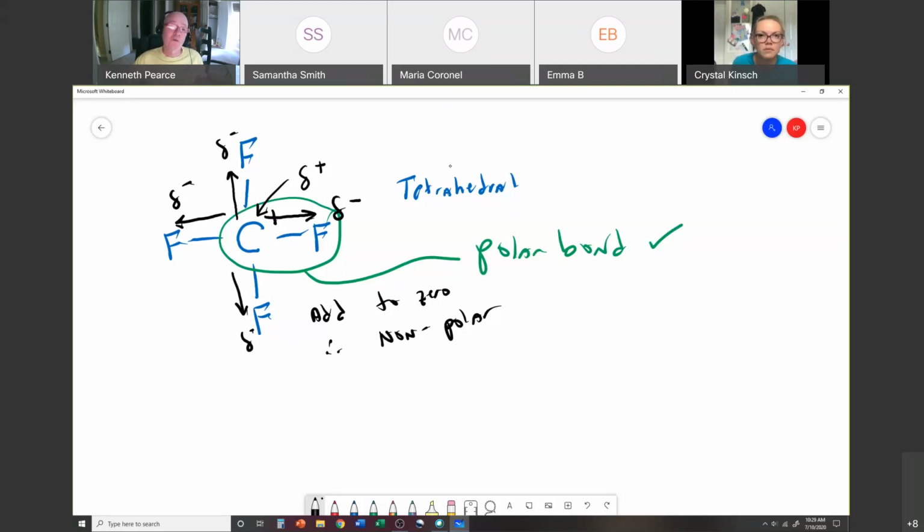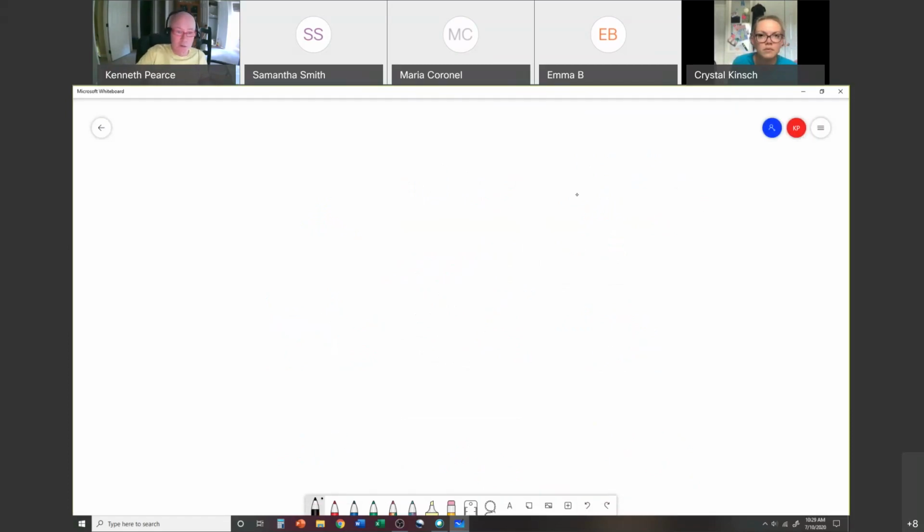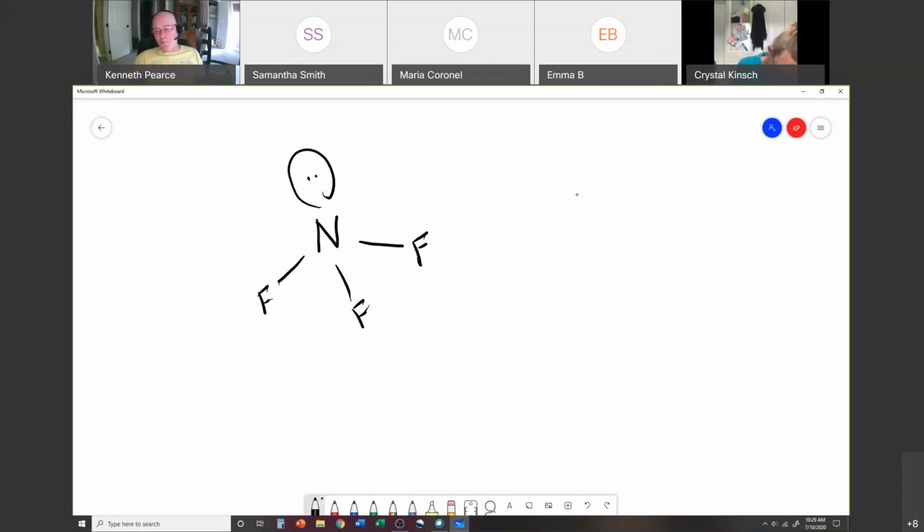All right, now let's take a look at another molecule here. Let's take a look at this guy right here. I love fluorine because it's very electronegative. And if you were to draw it correctly, you would say this, and you would say electron domain geometry is what?